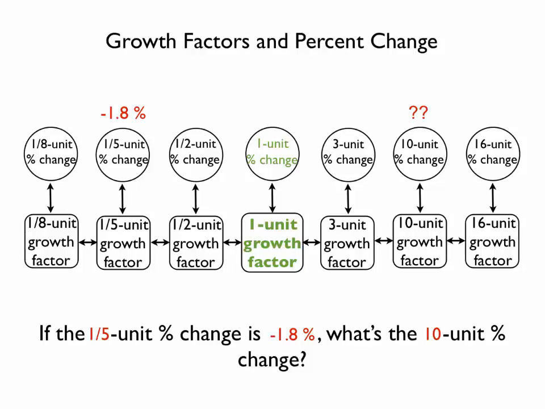Okay, the 1/5 unit percent change is negative 1.8%. So we've got decay now. The 1/5 unit percent change is decaying at a rate of negative 1.8%. What's the 10 unit percent change?